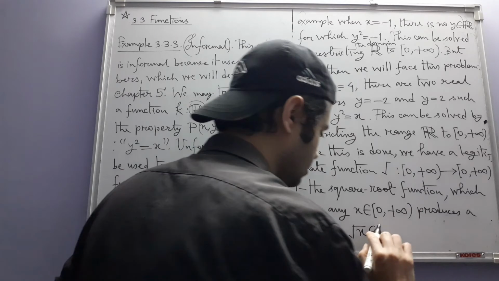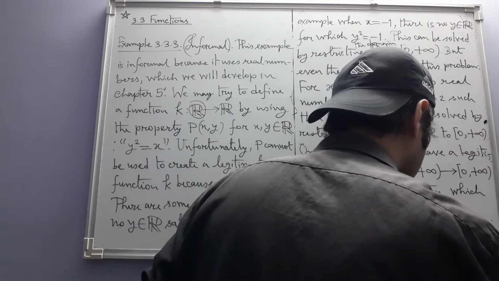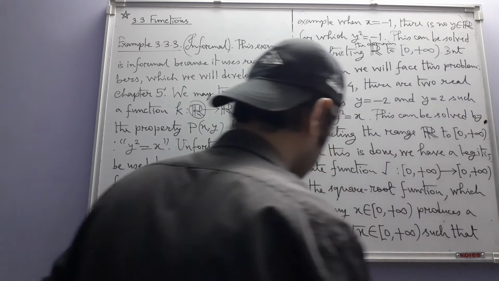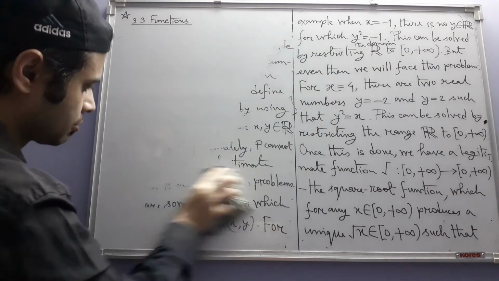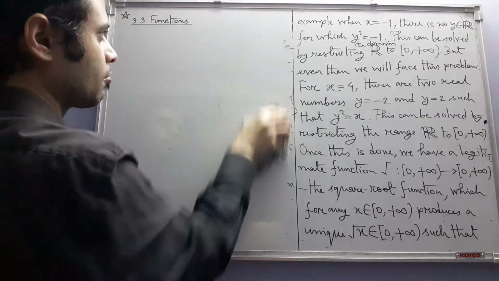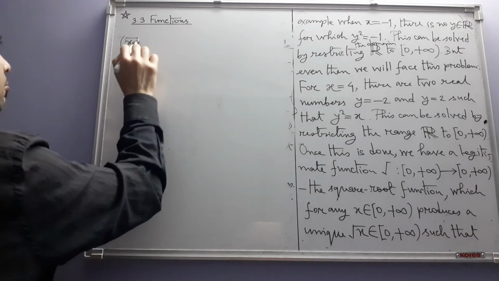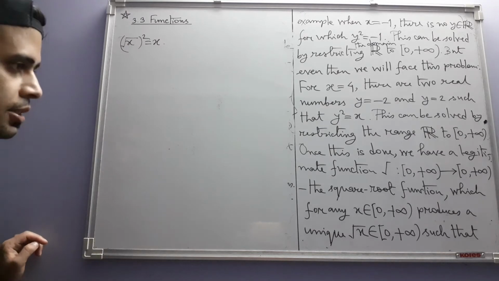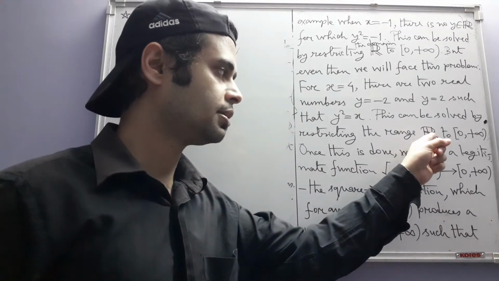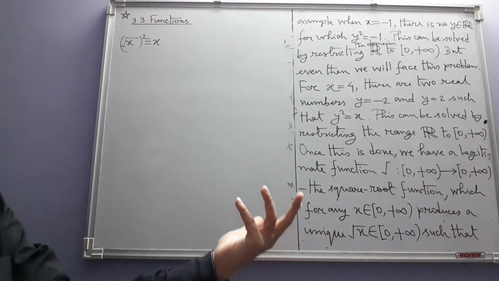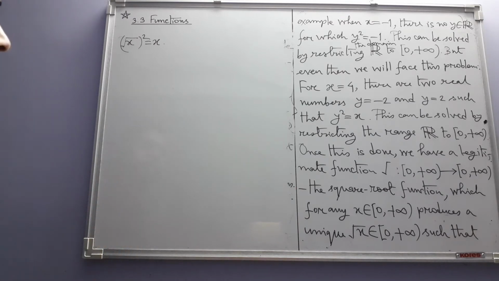Again, this is a number, okay? This is a non-negative real number such that the square of root x is x. So this is our square root function, or we can call it a non-negative square root function. If instead of changing the range from R to this, we choose to consider the negative real numbers, then we get the negative square root function. That is also a function, a different function.